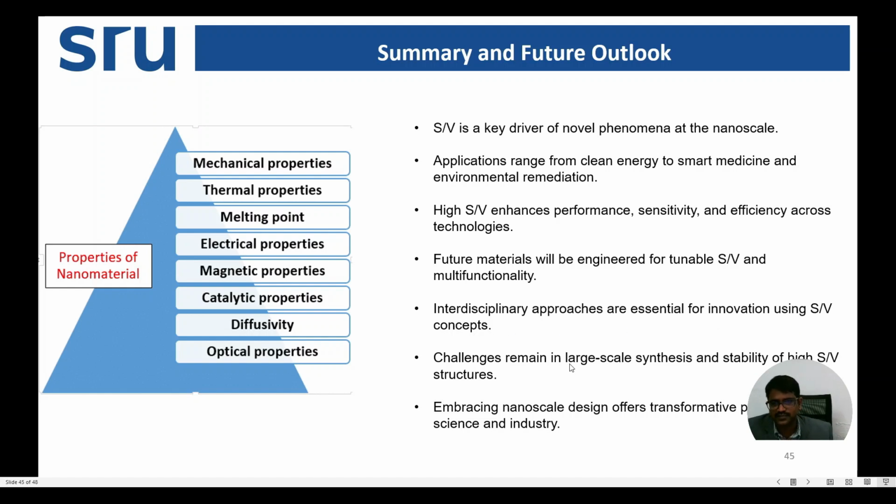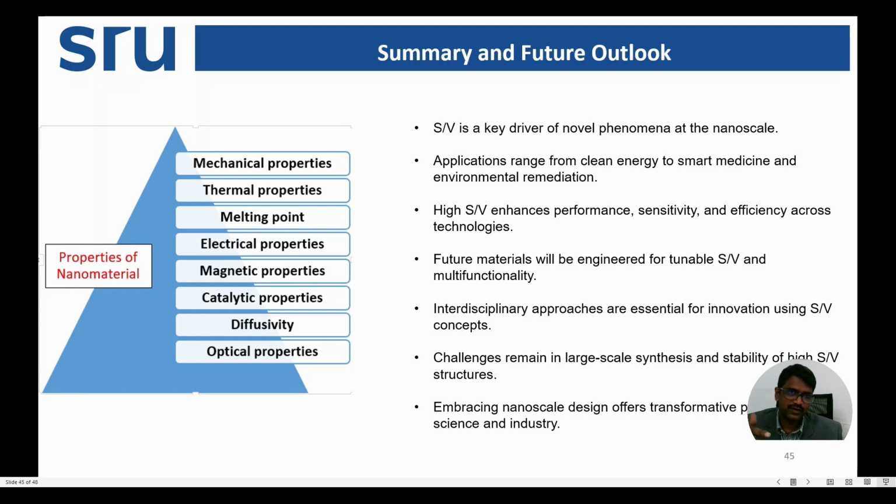Challenges remain in large scale synthesis. Still, not everything is ready and available or achieved. We are still facing many challenges because preparation of nanomaterials at large scale is still a big challenge. We can make efficient nanomaterials with high efficiency in application.